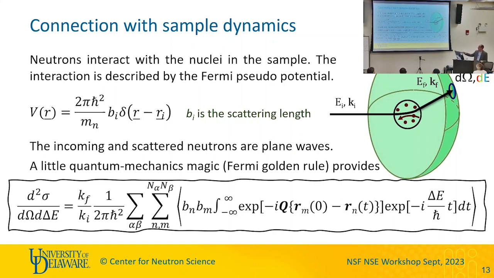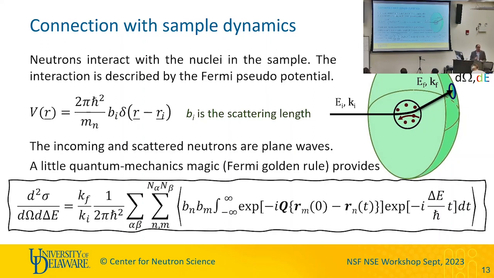As it was said before, the way the neutrons interact with the nuclei can be described by a single parameter, that is the scattering length, b_i. So we can imagine that when a beam of neutrons interacts with the sample, each nucleus in the sample acts as a source of a spherical wave. And then you have to keep in mind that the energy needs to be conserved.